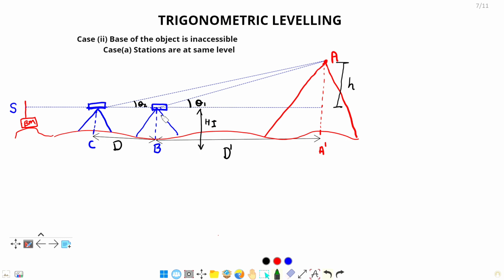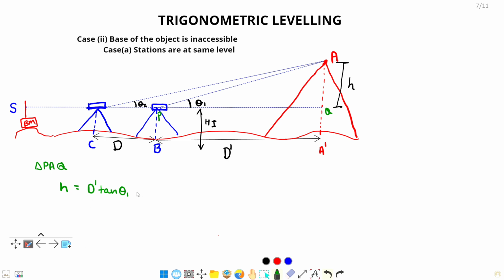So if this one is the d dash, and by using this triangle, I am naming it PAQ. In triangle PAQ, we can see H will be equal to d dash tan theta 1.